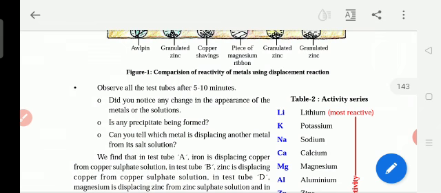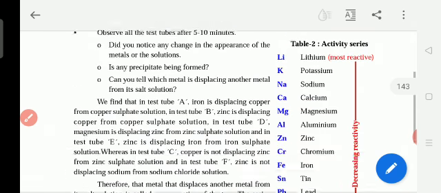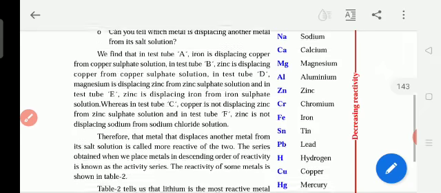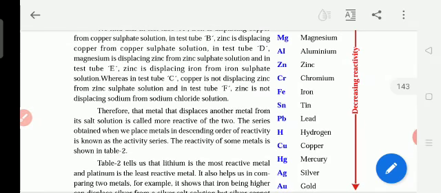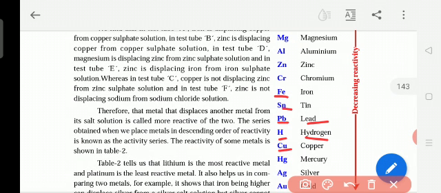Potassium is the most reactive. Then lithium, sodium, calcium, Mg means magnesium, Al means aluminium, then zinc, chromium, iron. Fe means iron, then Sn means tin, Pb means lead, H is hydrogen, Cu is copper, Hg is mercury.